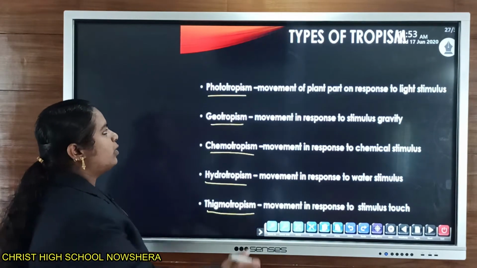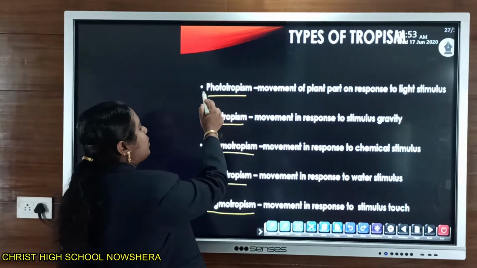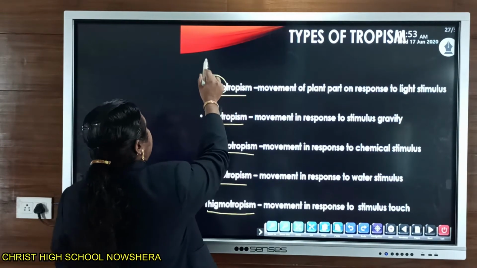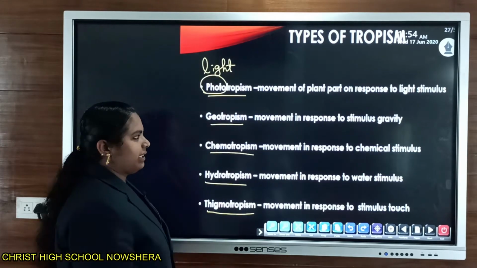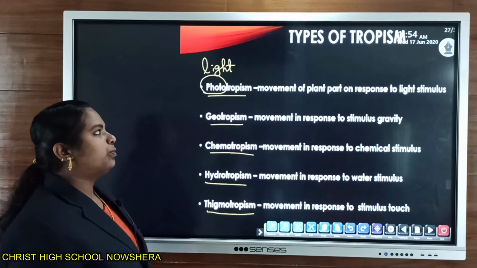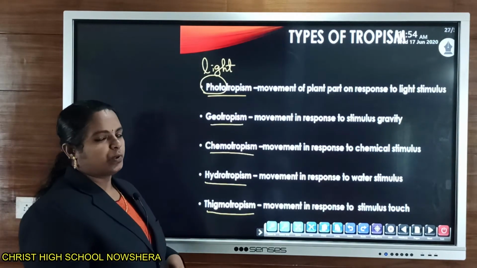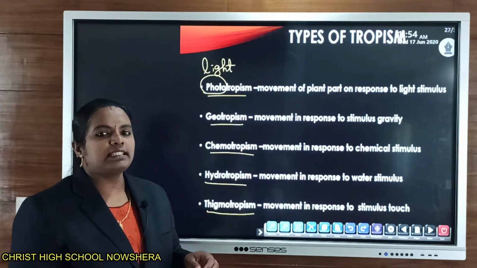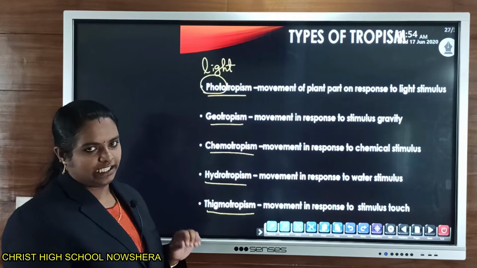First, phototropism. Photo means light. In this tropic movement, the plant part shows movement towards the direction of the stimulus, and here the stimulus is light.